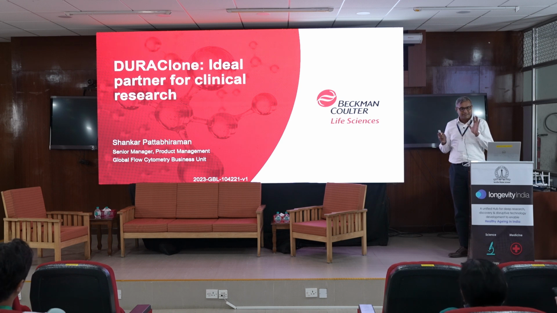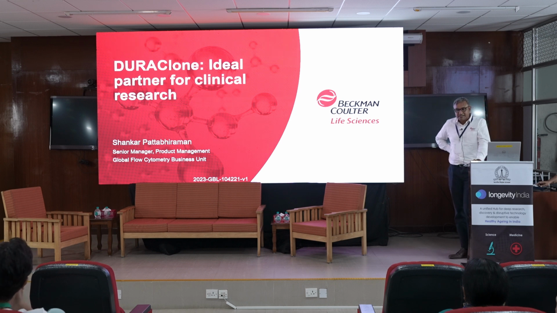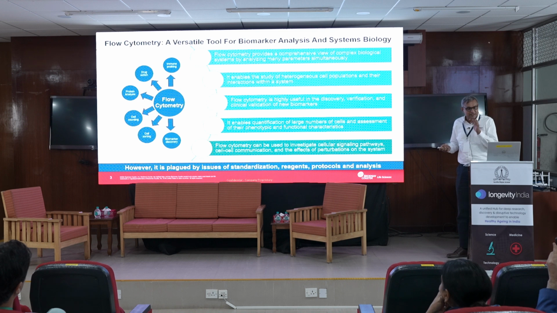Though we are not actively into the aging or the longevity field, we are mostly studying the immune system, and that's what Beckman Coulter has been doing for the last 50 years, I would say.